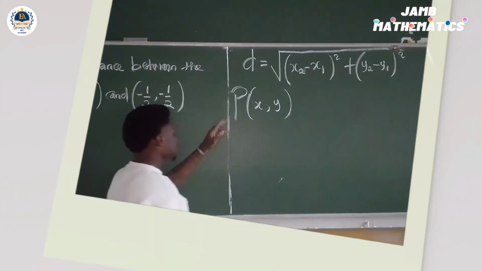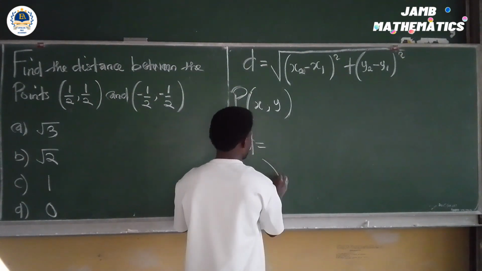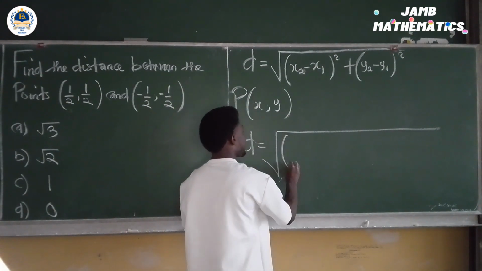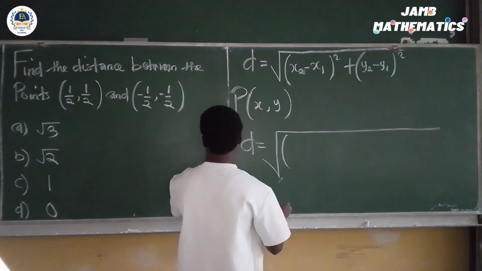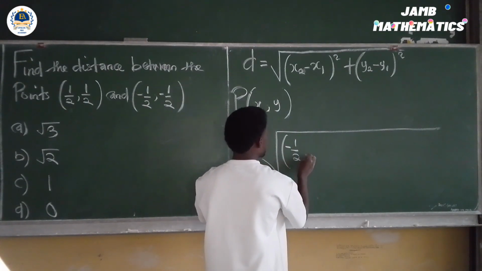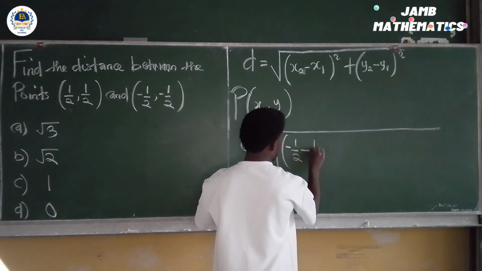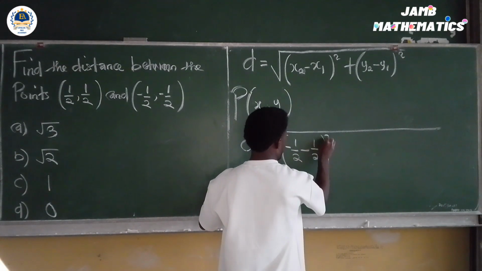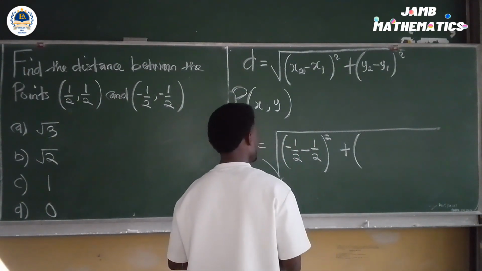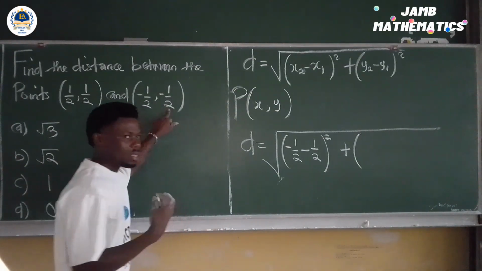So we have in the formula, distance d is equal to square root of, in bracket x2, and x2 we have minus 1 over 2, then minus 1 over 2, all squared plus y2 is this. Okay, let me label this.